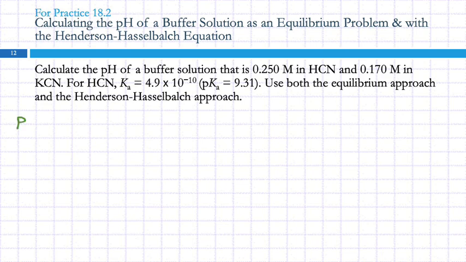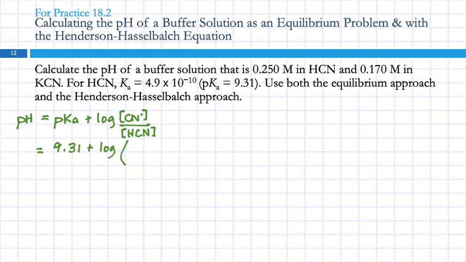So Henderson-Hasselbalch equation says the pH is equal to the pKa plus the log of the base. So here the conjugate base is CN minus, and the acid is HCN. So what we're going to do is plug in pKa, 9.31, plus the log of the base, 0.170, divided by the acid, 0.250.